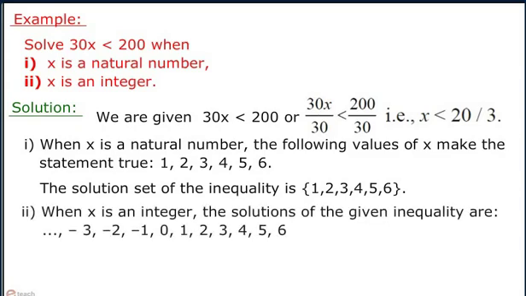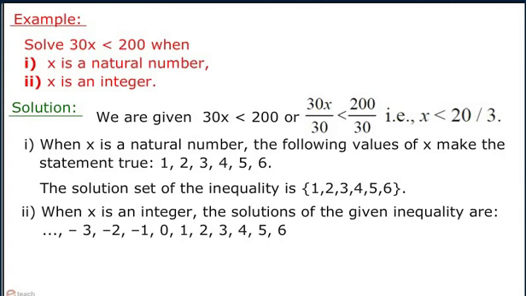When x is an integer, the solutions of the given inequality are -3, -2, -1, 0, 1, 2, 3, 4, 5, 6. Note that we have put three dots before -3. This represents that all numbers less than -3 will also be in this series.